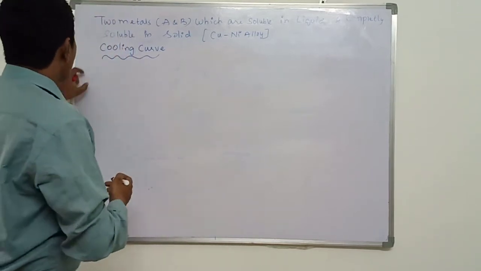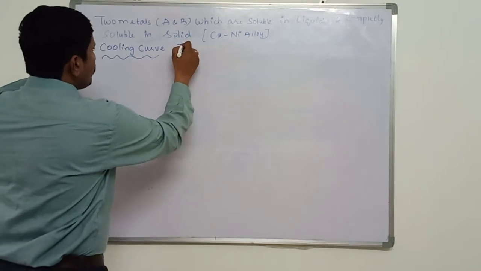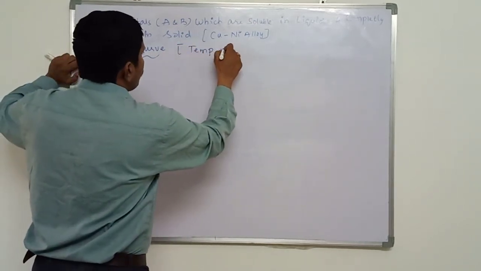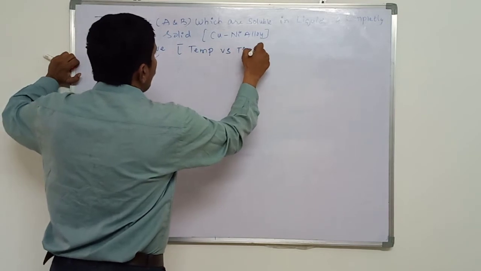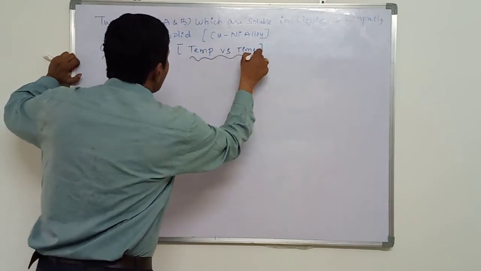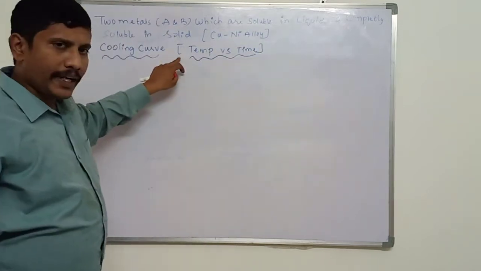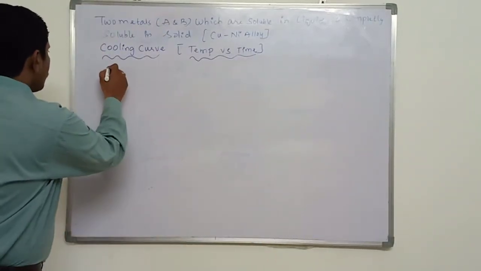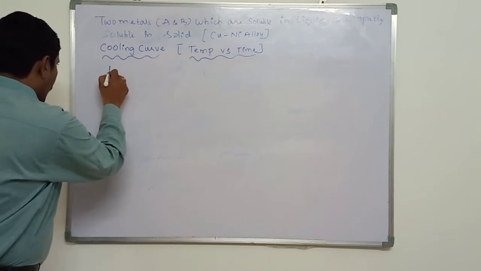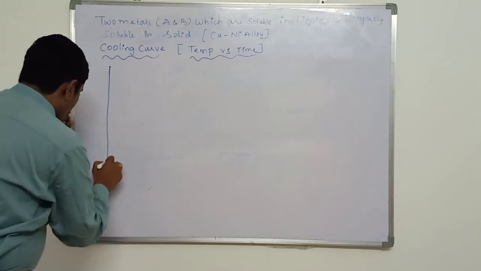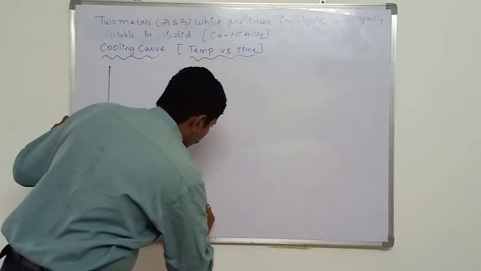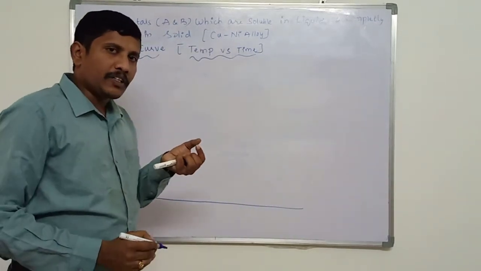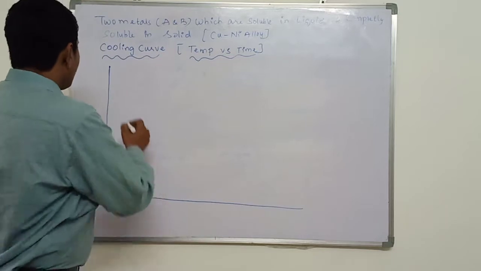So we all know that cooling curve is always plotted between temperature versus time. Temperature on the ordinate, that is y-axis, and time on the abscissa, that is x-axis, right? So if I will be cooling the alloy, I will be taking various proportions or various compositions of the alloy, and I will be cooling from molten state to the solid state, right?